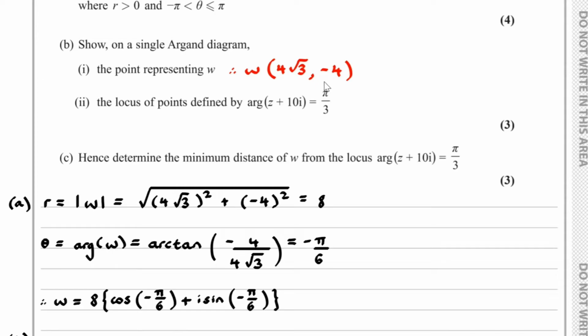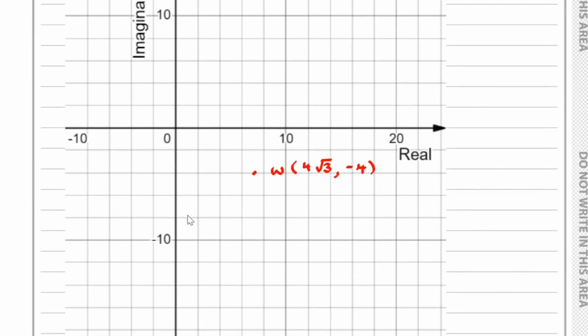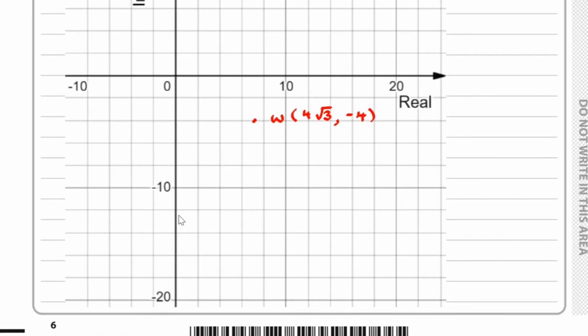Well, first of all, let's rewrite this as the argument of z minus minus 10i equals pi over 3. And so it crosses the imaginary axis at minus 10.